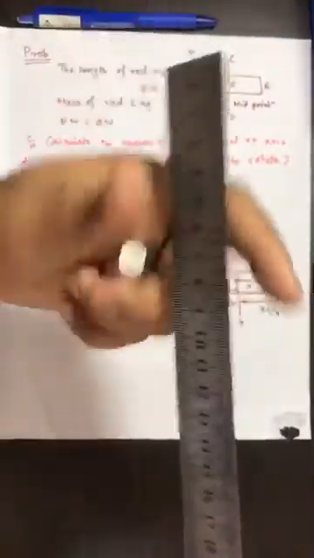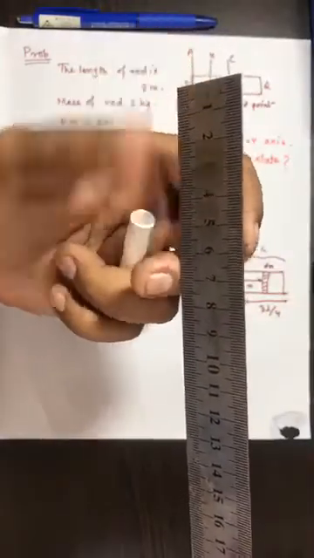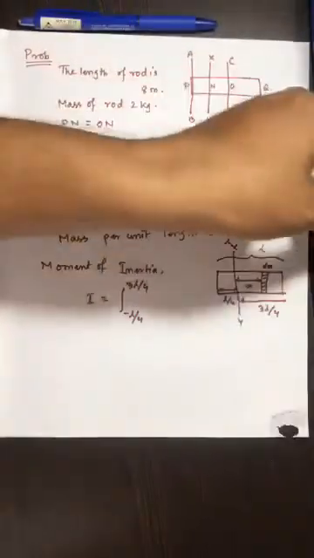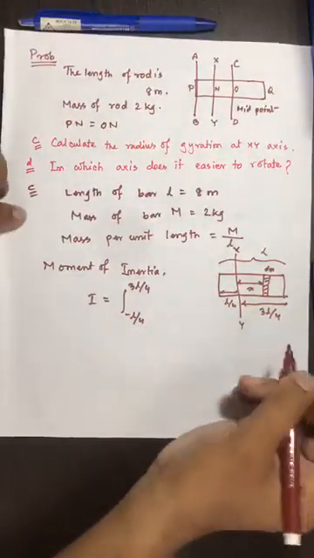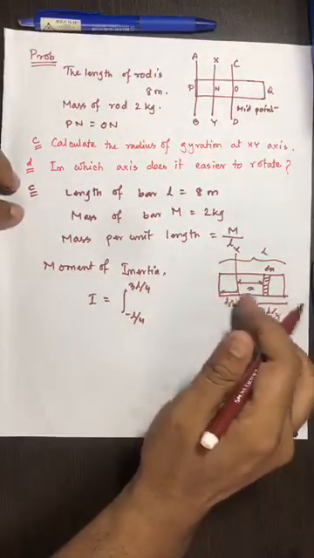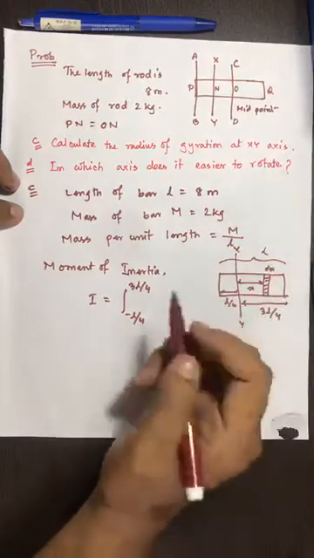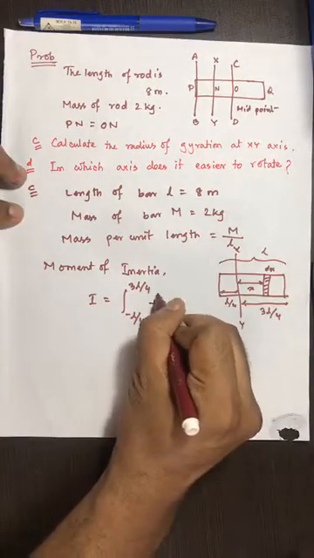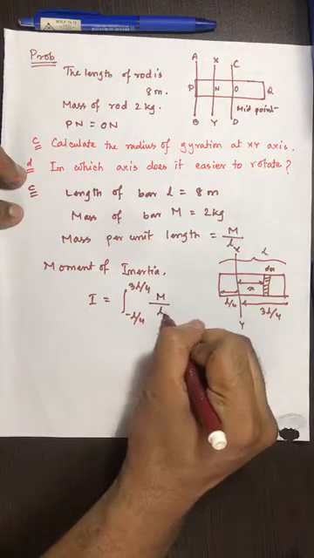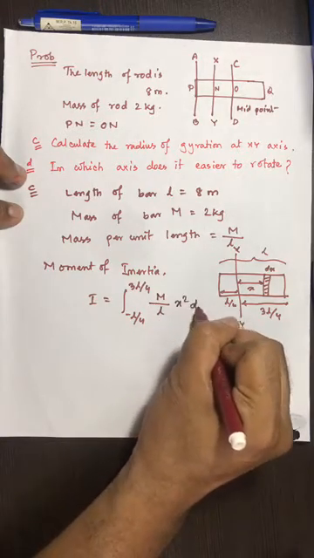So minus L by 4 comes for the opposite direction from the axis point. So it is 3 by 4, M by L, x square dx.